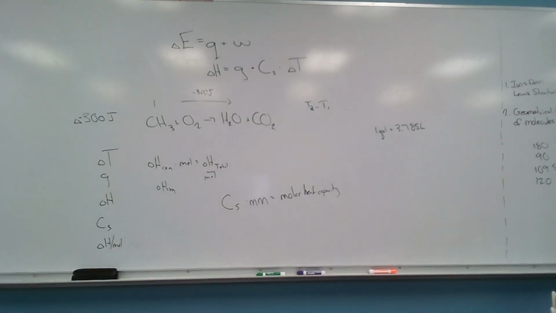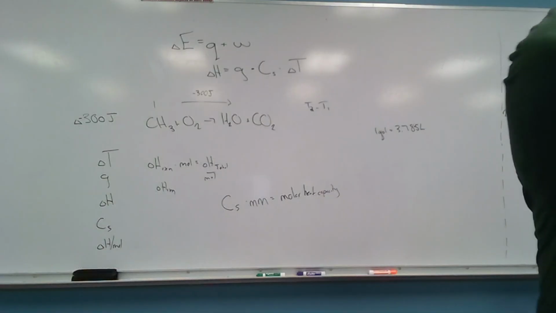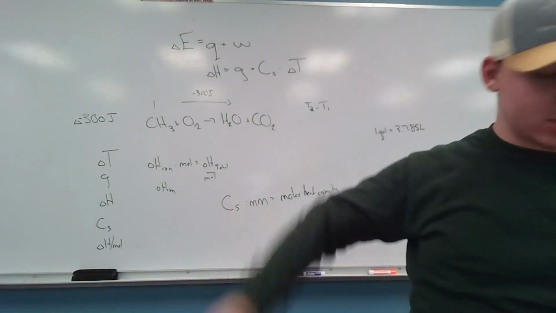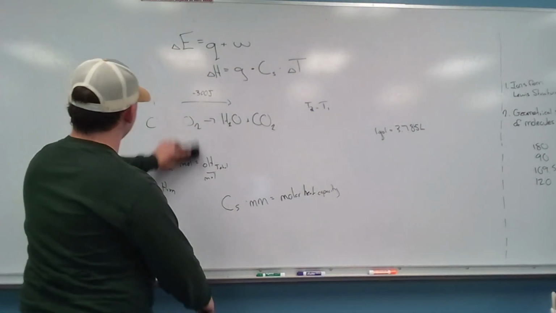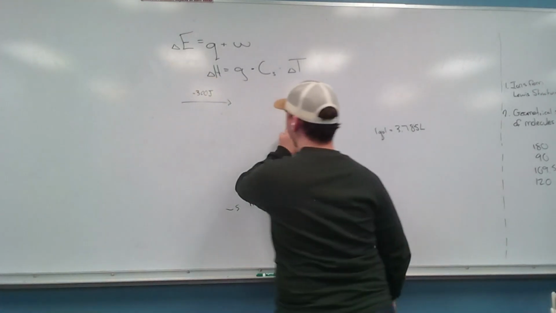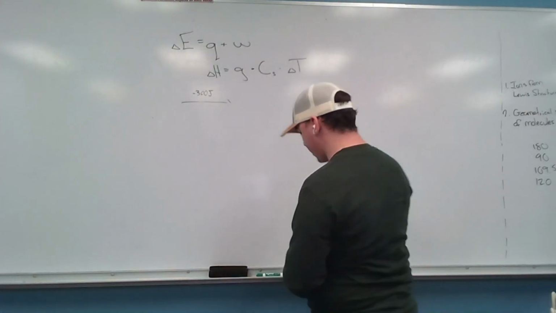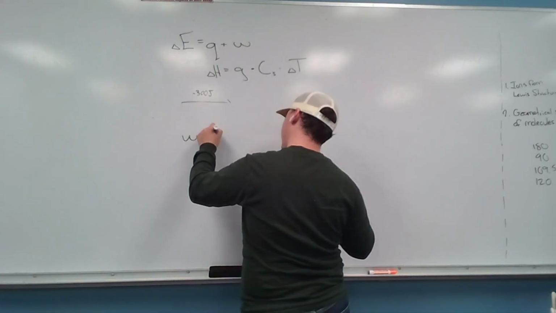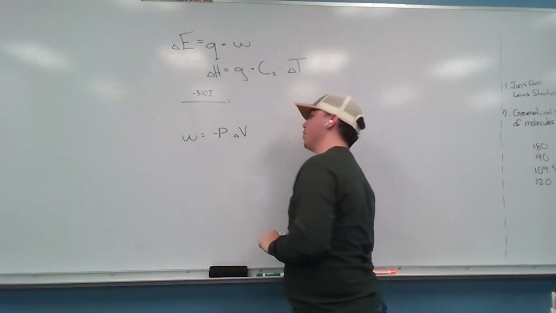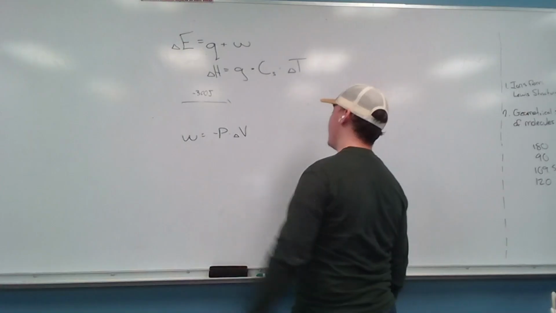Oh yeah, the gases. So gases exhibit work just by the change in pressure and the volume. So there's a formula where the work done, or the work in energy, whether it was released or not, is going to be equal to negative P times delta V. So negative pressure times the change in volume is going to be equal to the amount of work that was done on the system.